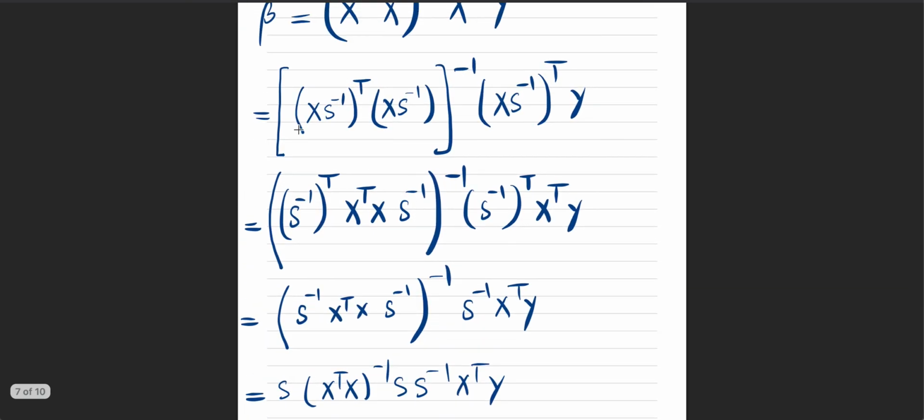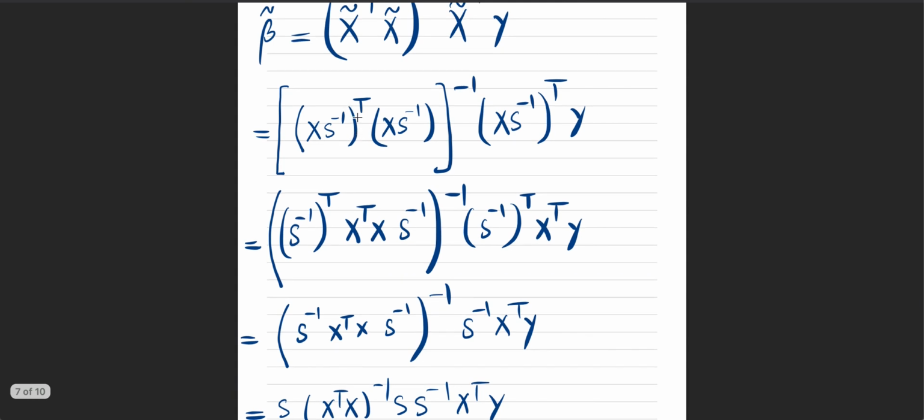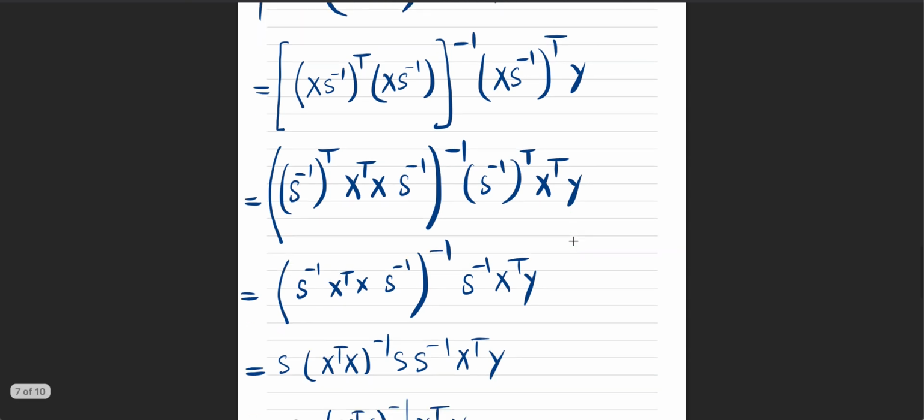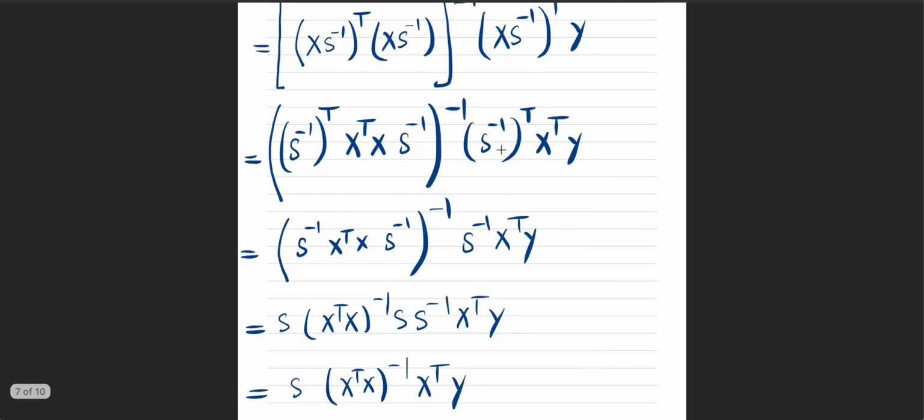So X S inverse transpose becomes S inverse transpose X transpose, X S inverse, the whole thing inverse. And X S inverse transpose becomes S inverse transpose times X transpose Y. S inverse is symmetric, so S inverse transpose is S inverse. So we end up with this formulation.